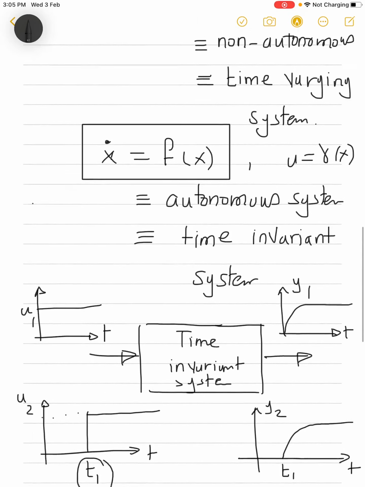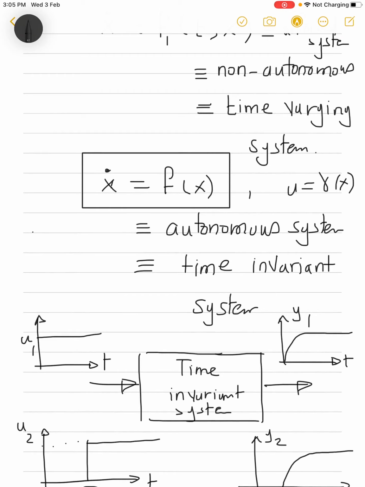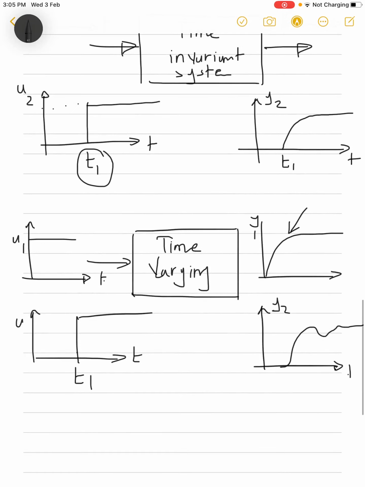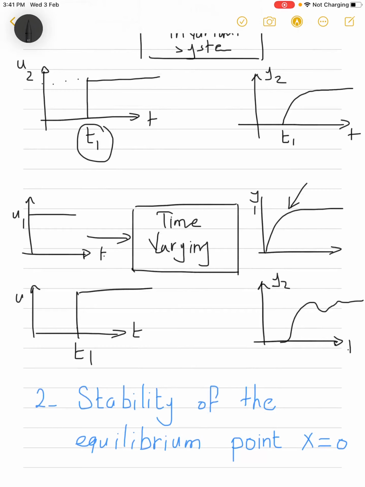Now, as I mentioned, we are focusing here on the case of autonomous systems, which are time invariant systems. So this is our scope during this video. When we define the different types of stability or equilibrium points, we are always going to refer to the origin as an equilibrium point.